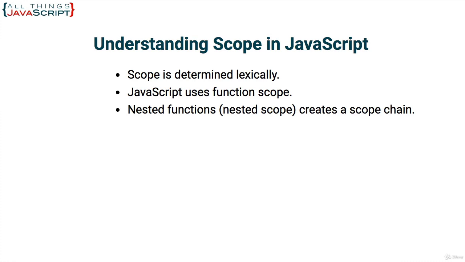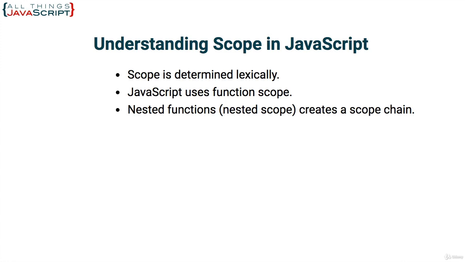So if you declare a function inside another function, that creates a nested function that creates what we call a scope chain. We'll explain what a scope chain is as well. So these are the three concepts that are important to keep in mind as we go through these examples.